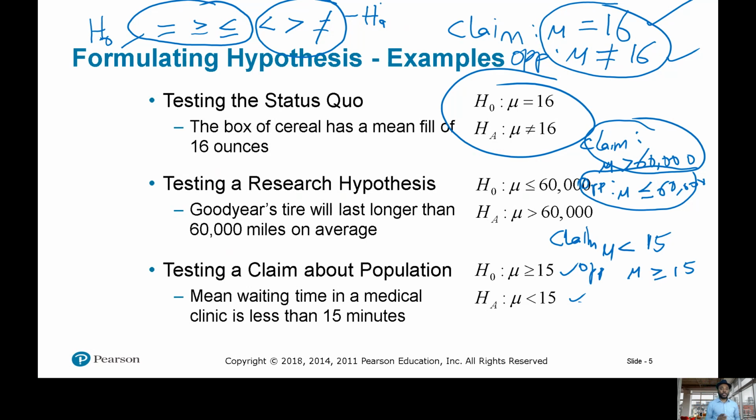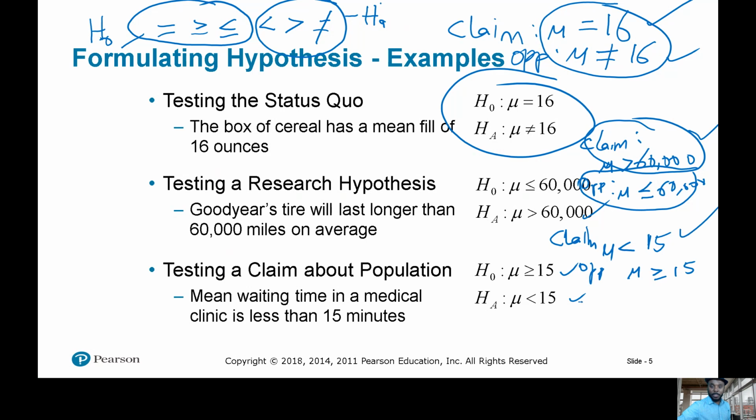Now, one thing I would like you to take note of is that in order to prove a claim, if you want to prove a claim is right, it should be stated as the alternative hypothesis. So this is our claim, that's the alternative hypothesis.